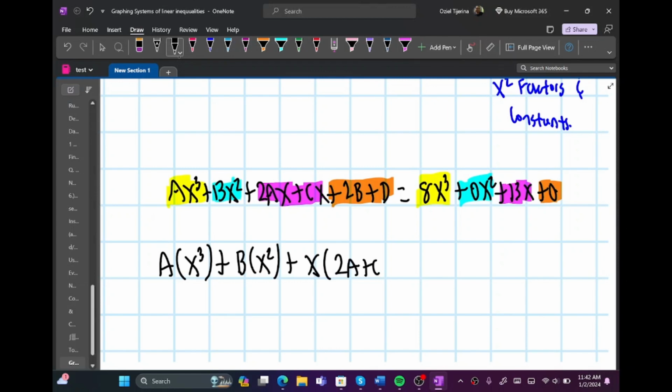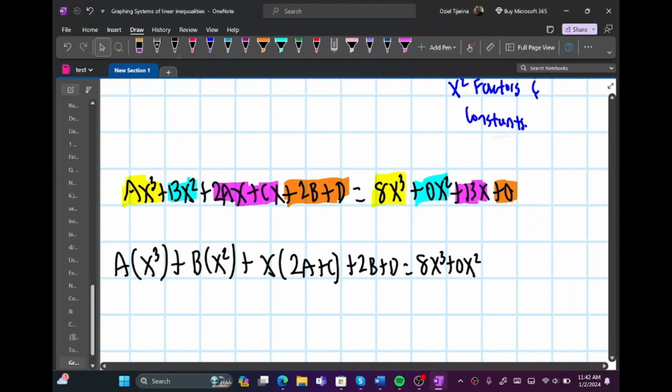And then plus 2b plus d is equal to 8x cubed plus 0x squared plus 13x plus 0.